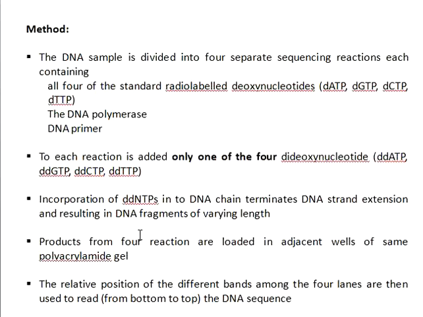After the synthesis, we load the products from the 4 separate reactions into adjacent wells of the same polyacrylamide gel. After separation of the different DNA fragments according to their size on the gel, the relative positions of the bands among the 4 lanes are compared, and the DNA sequence is determined by reading the bands from the bottom to the top of the gel.